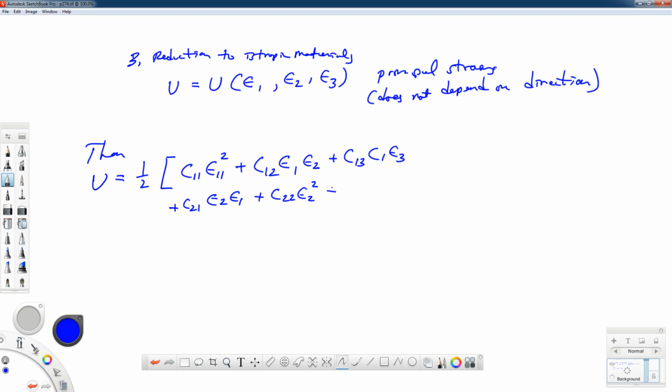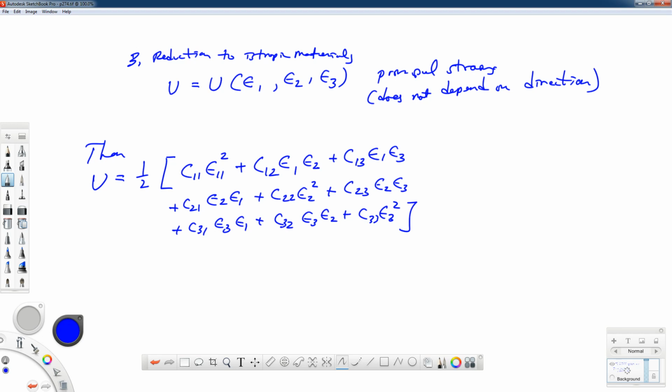Effectively, we don't have any shearing strain contributions in this. We're in the principal strain directions.